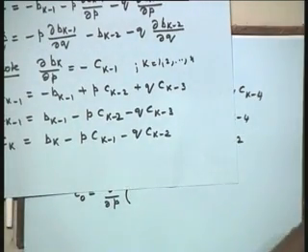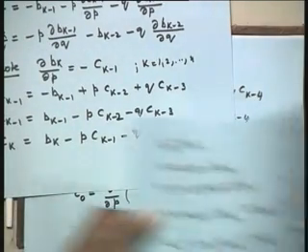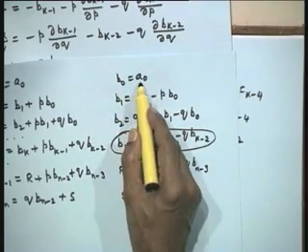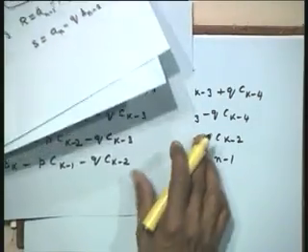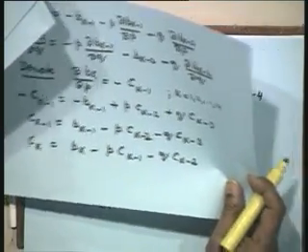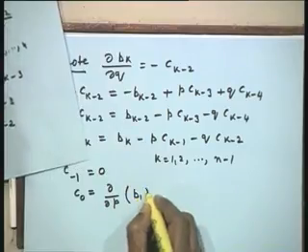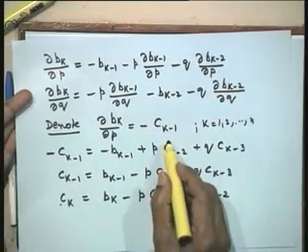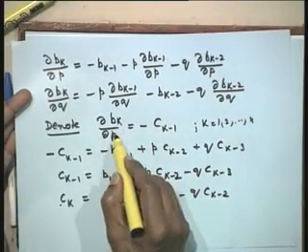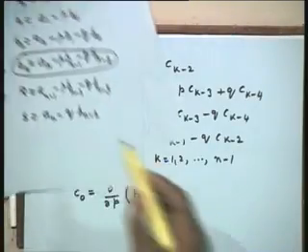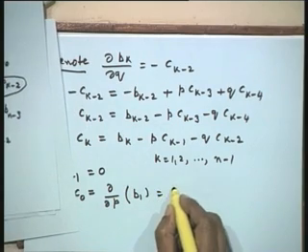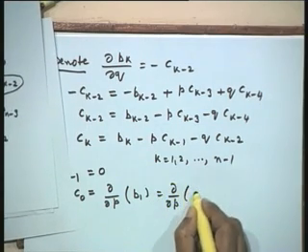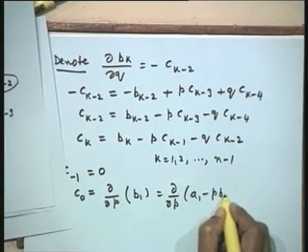Let us just go 2 slides behind and write down what is our B naught. B naught is equal to A naught. C naught is equal to the partial derivative of B1 with respect to P. Now let us write down what is the value of B1. B1 is A1 minus P B naught. So I will now substitute this as A1 minus P times B naught.